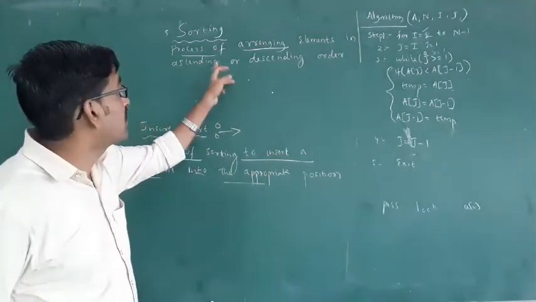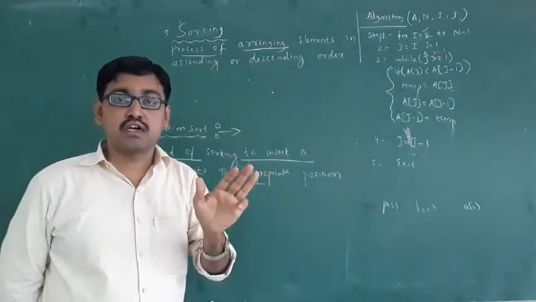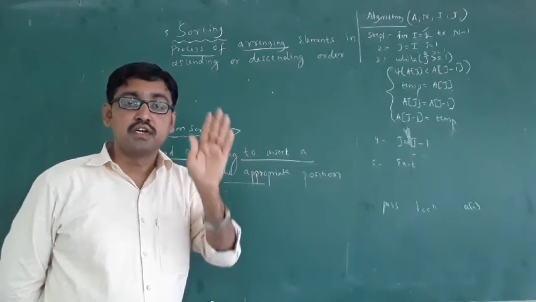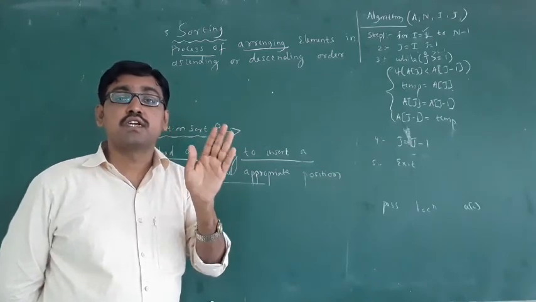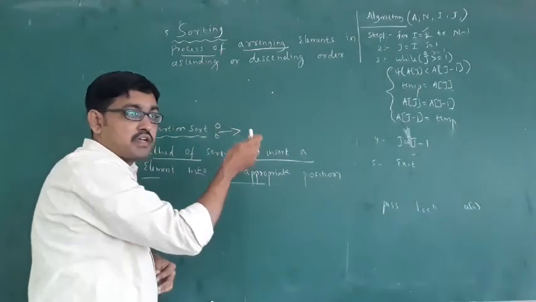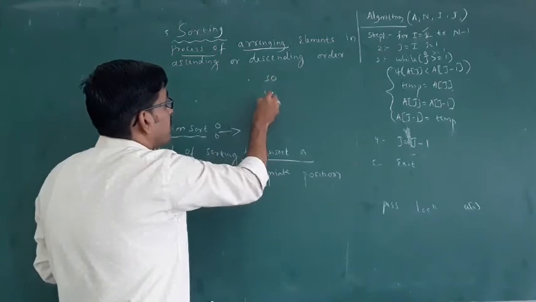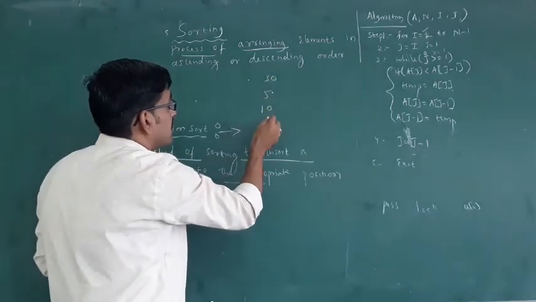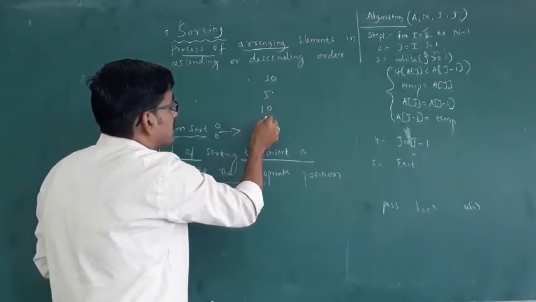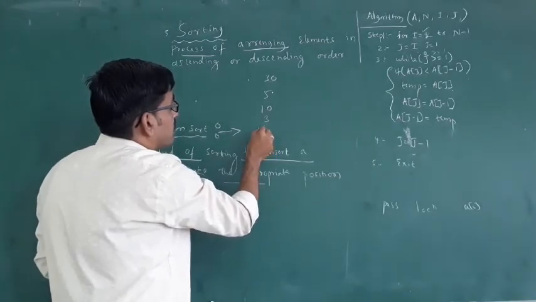It is a process of arranging the elements in ascending order. For example, I have an array with 35, then 10, then 3, then 20.